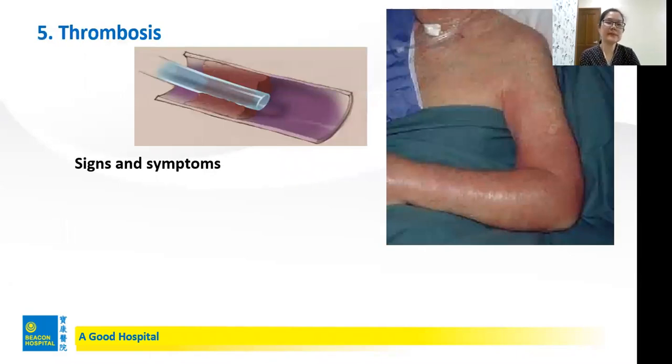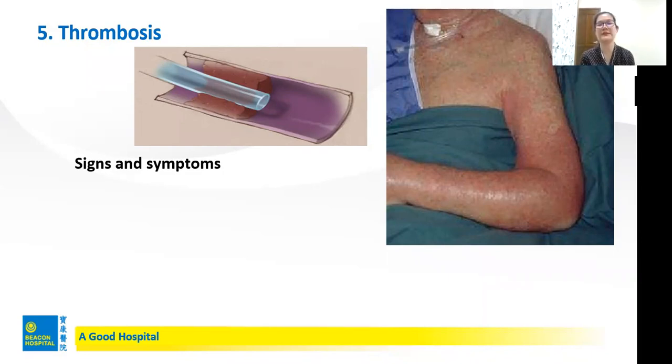Thrombosis. Thrombosis is a blood occlusion to the vein. It's something similar to, or you can imagine, a deep vein thrombosis. But this thrombosis happens because your catheter is in there.